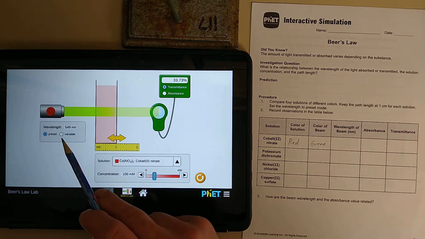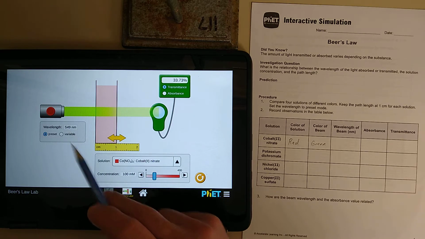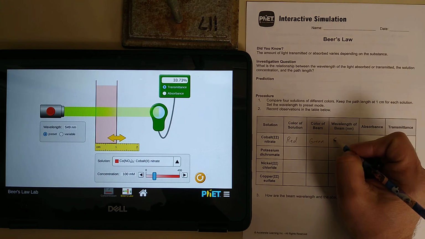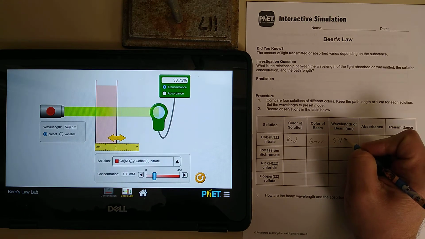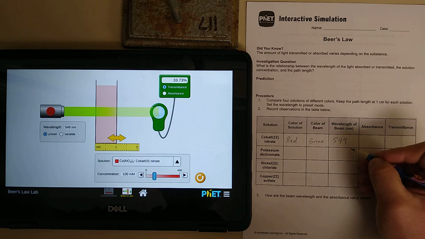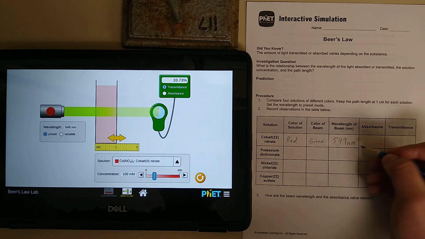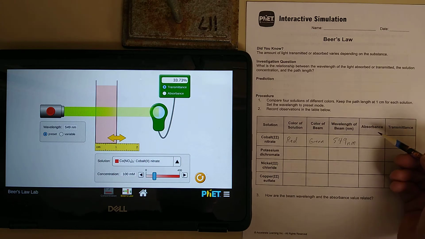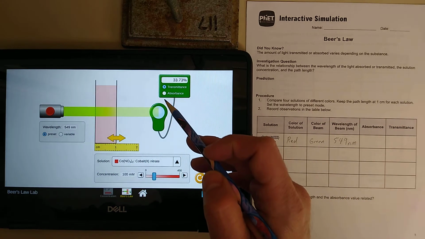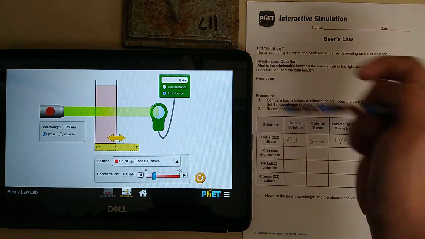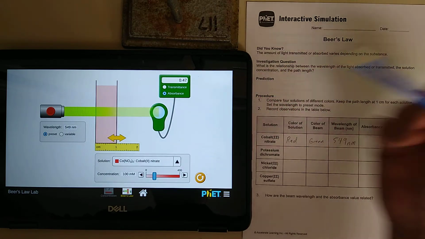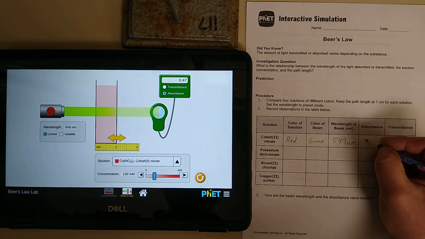The wavelength is 549 nm. Now we switch this over to absorbance, and it says 0.47.